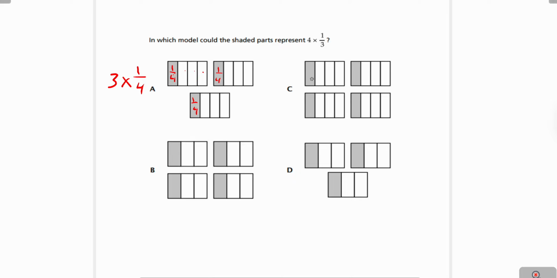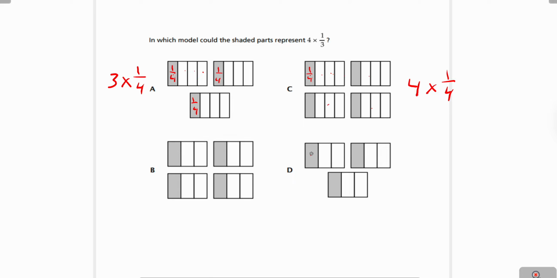Okay, now this is, let me see, 1, 2, 3, 4. Again, we have 1/4 in each, and you have 1, 2, 3, 4. So we have 4 groups of 1/4 for this diagram. Well, that's not this choice. Let me see this one.